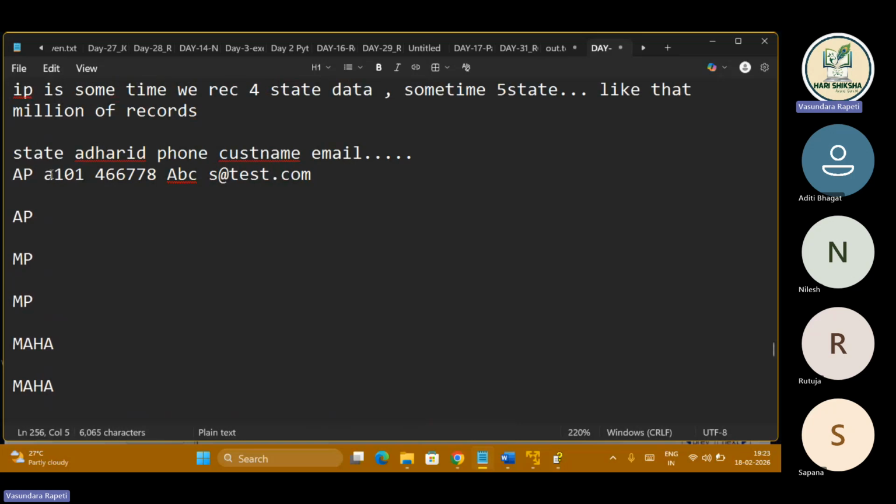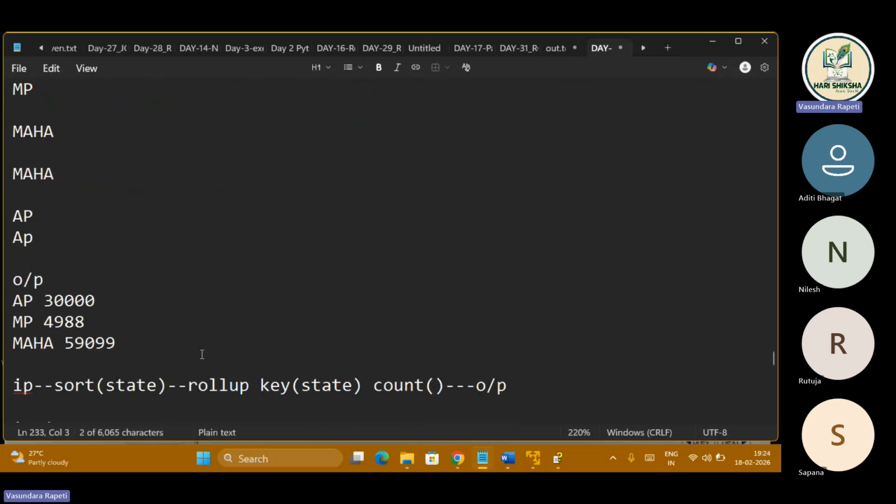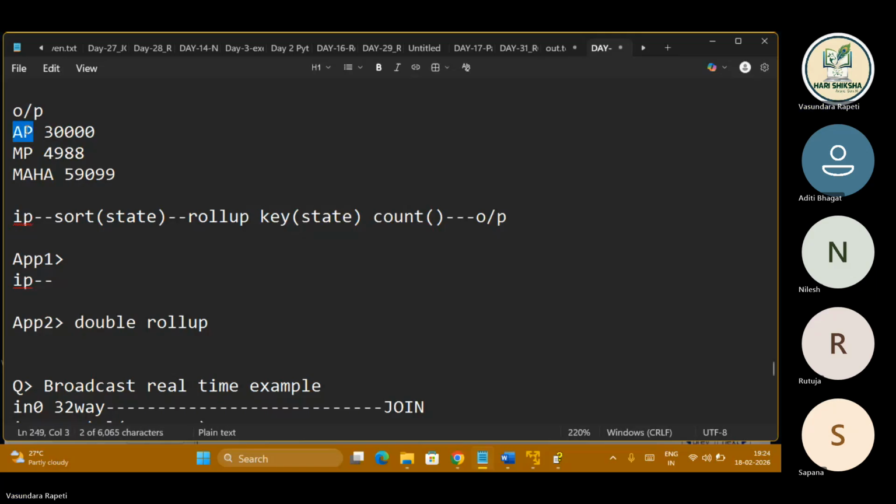One way is you can cut this column. In the output you don't want the other columns, you want only one column.